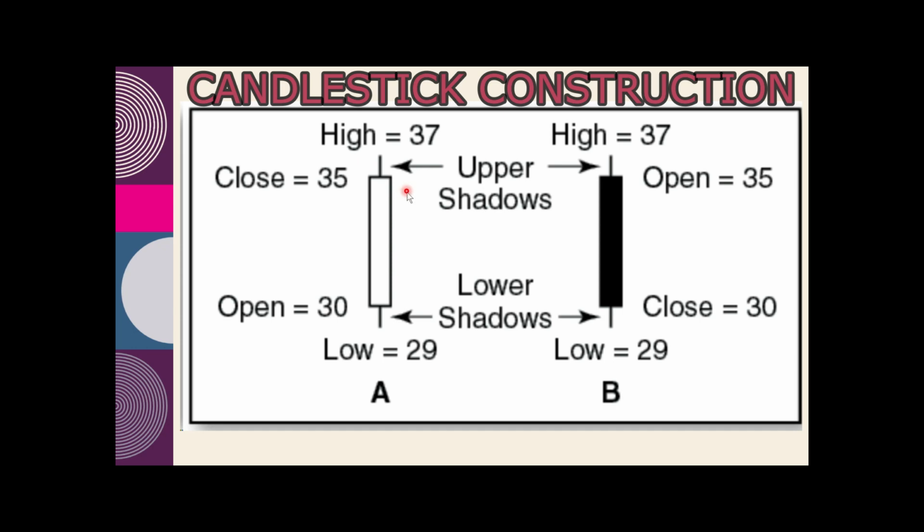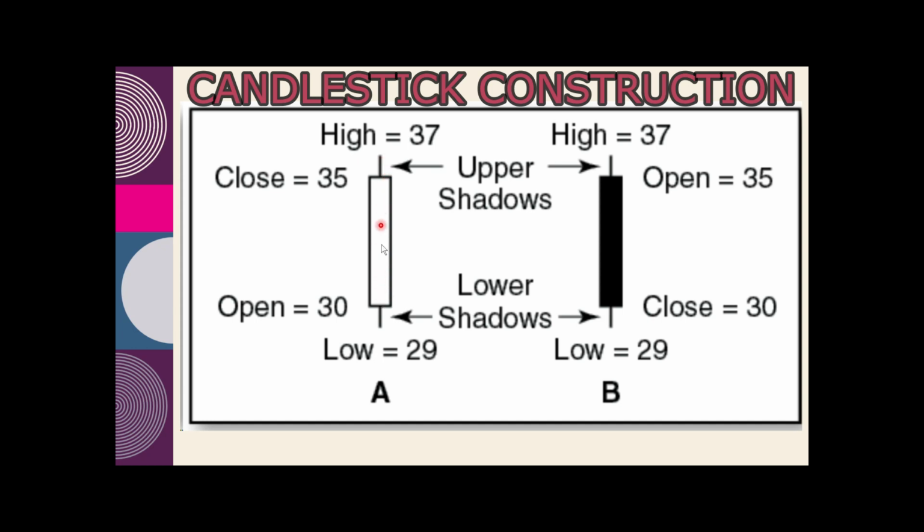Now let us see what the components of a candlestick chart are. In this, the entire filled rectangular portion is called the body. The area covering the open and close is covered with a rectangle and called the body.